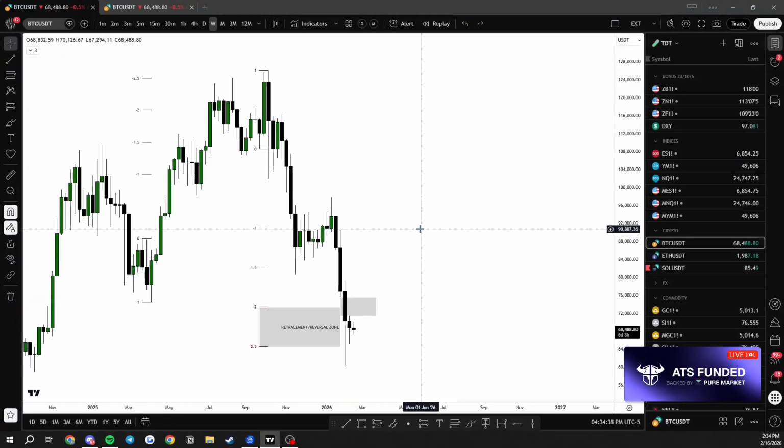Okay, and I want you guys to notice something that's taking place right now on the chart, right? I know this is a pretty big weekly candle, but we are producing inside candles, right? And as we know, inside candles produce what?